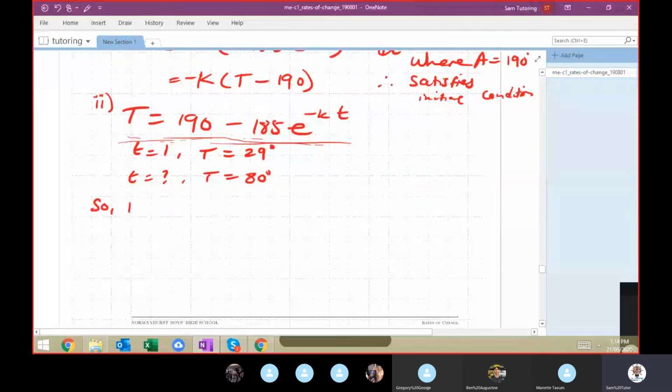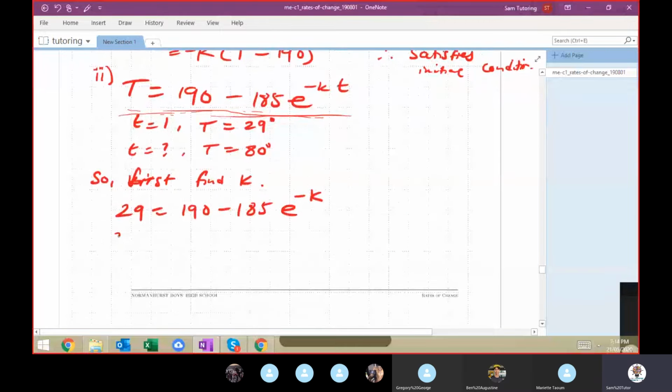First, find K. So T is 29, which is 190 minus 185 e to the negative K times T, so negative K times 1.